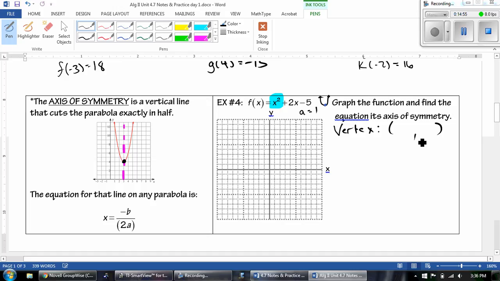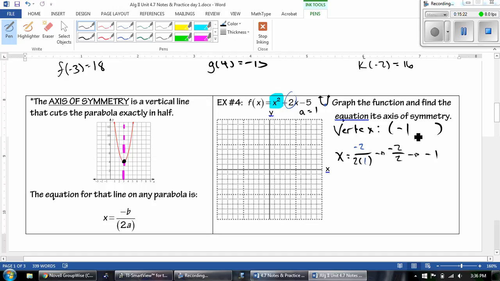To find the vertex, the first thing we do is we know that x equals the opposite of b. So I have a positive 2, so it's going to be a negative 2, all divided by 2 times a. So on the top, we get negative 2 divided by 2, which is negative 1.